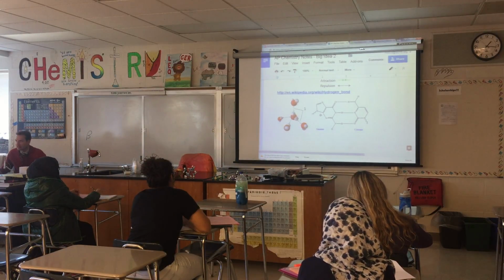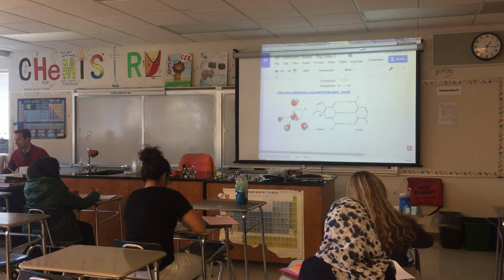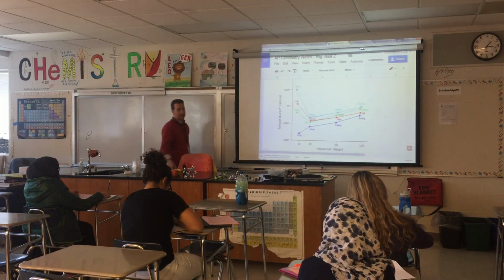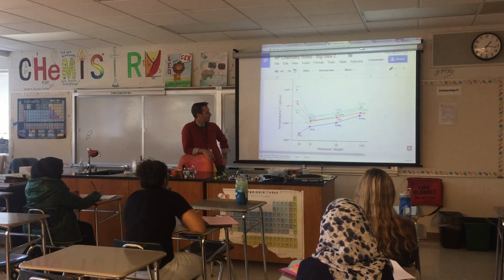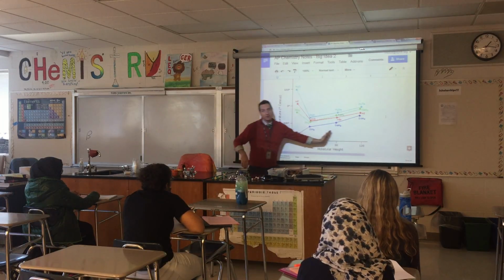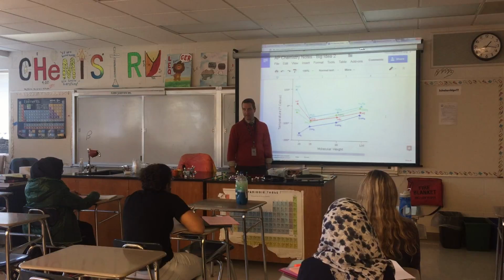Okay, but the reason we give it its own special name, hydrogen bonding, is probably because of this graph right here. This graph has a bunch of molecules, and from left to right, the size of the molecules is increasing.